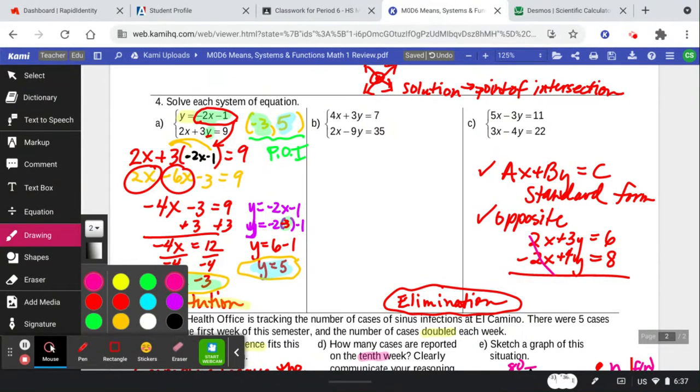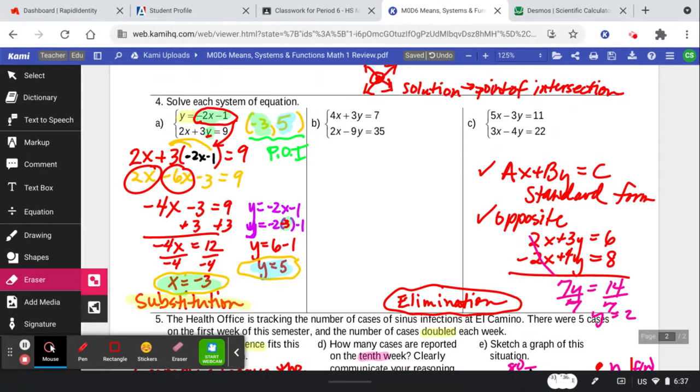Bye-bye, 2 minus 2 equals 0. And then we could add up the rest of this in order to solve for one of the variables. This is how, if I have those opposites, I know that I should probably use the elimination method. Now, like I said, you didn't need to write this. This was just a quick recap on elimination.